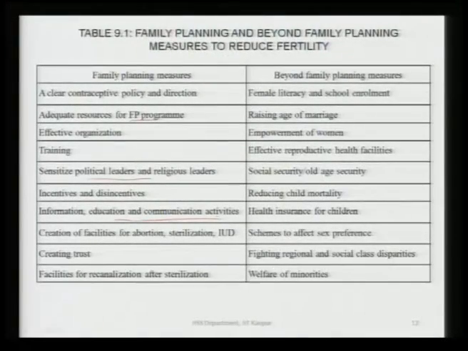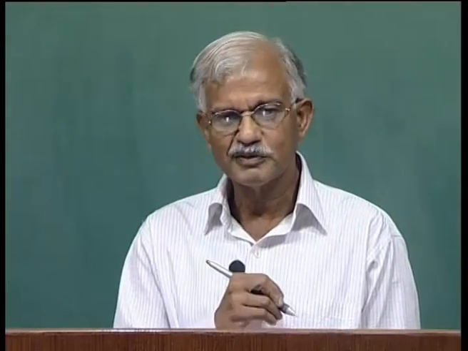Information, education and communication, creation of facilities for abortion so that women do not have to go for illegal abortion, and creating trust in the program. Then facilities for recanalization. One problem with sterilization is that some people are afraid: suppose the children that they have died and they have been sterilized, then what will happen?